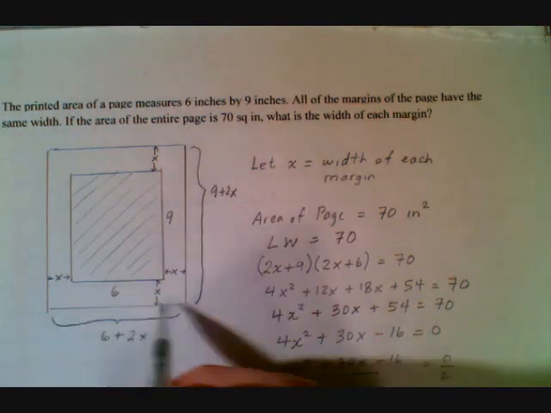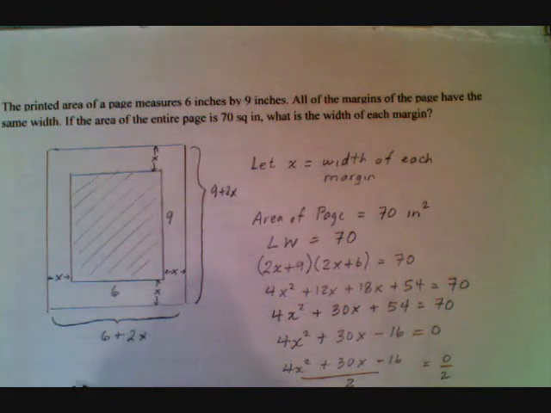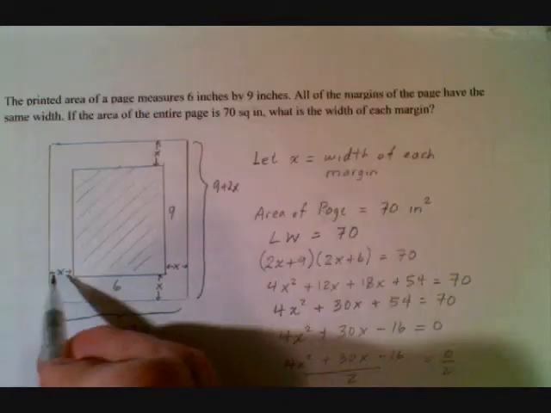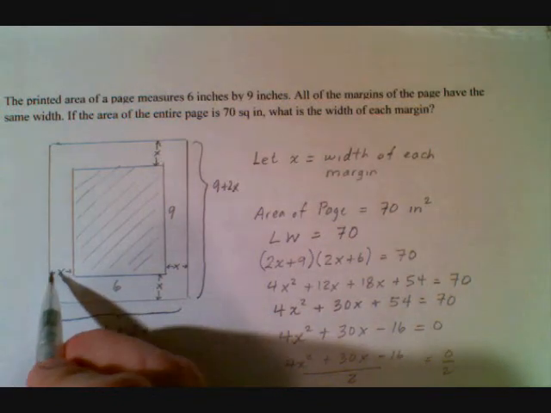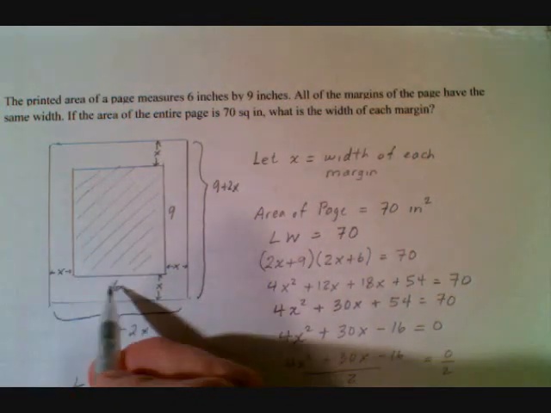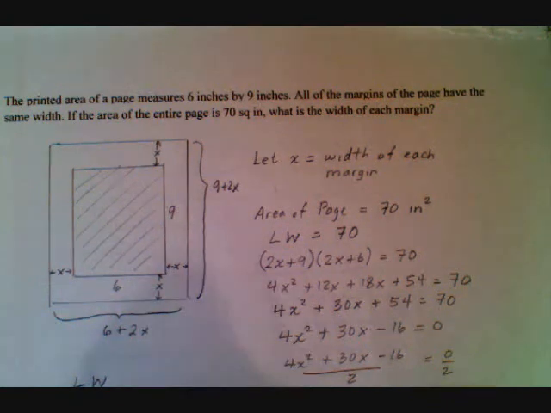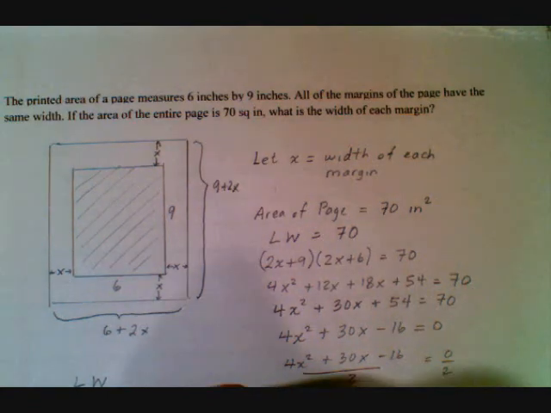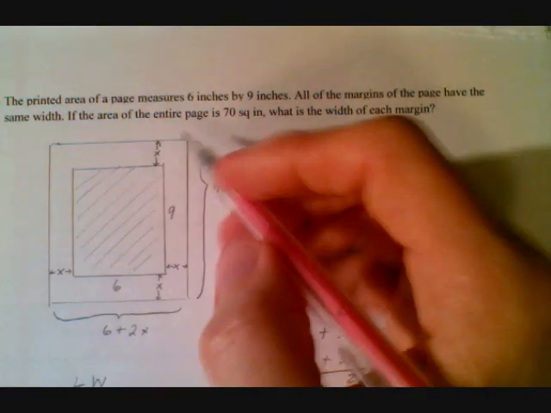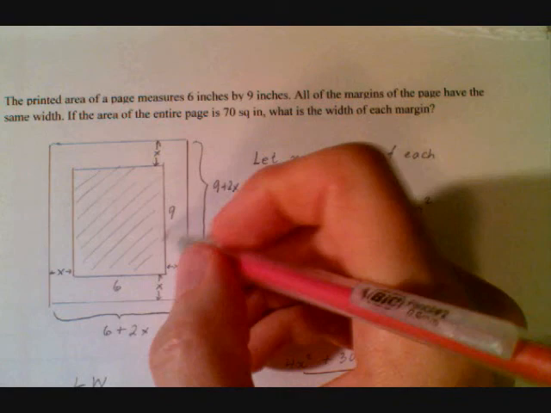Since the width of a margin is half, the width of this page is going to be 1/2 plus 6 plus 1/2, which is 7. That's what I'm calling the width. The length is 9 plus 1/2 plus 1/2, which is 10. What's 7 times 10? 70.